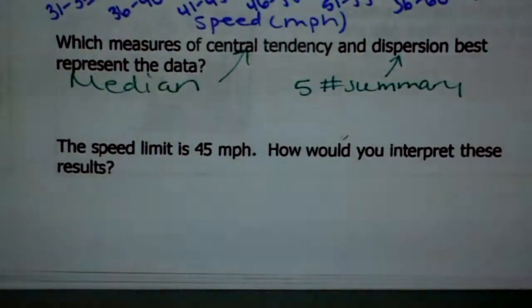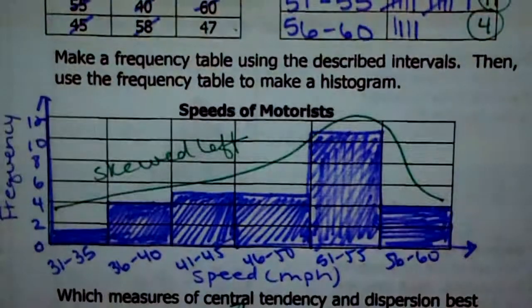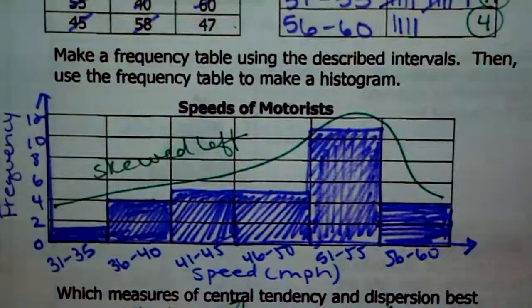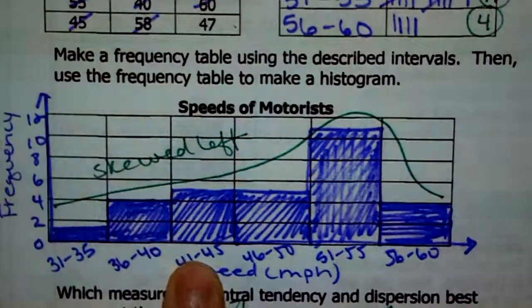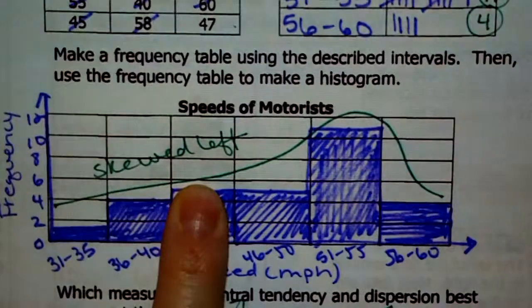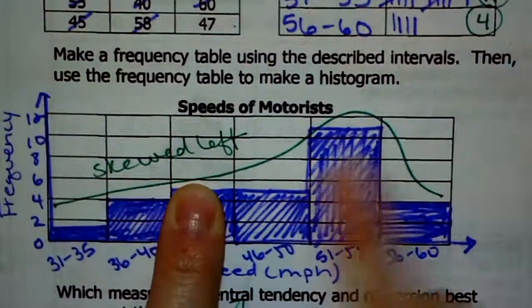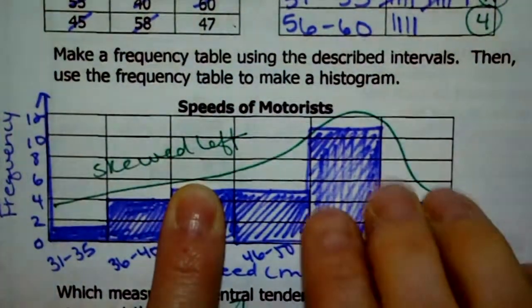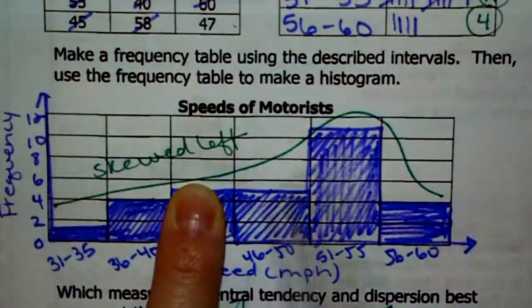All right, last but not least, let's interpret what all this means. It says the speed limit is 45 miles per hour. How would you interpret these results? This was the same spot that the police officer was observing the speeds of motorists. This is my speed limit right here. It ends at 45, right? So do you see how most of this data is to the right of that, is greater than that?